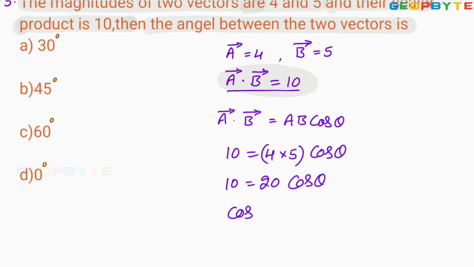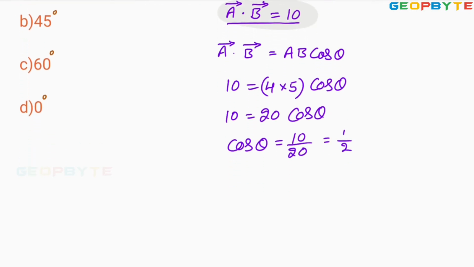From this, cos theta equal to 10 by 20, it is equal to 1 by 2. Therefore, theta equal to cos inverse 1 by 2, it is equal to 60 degrees. So, angle between the vector A and vector B is 60 degrees.